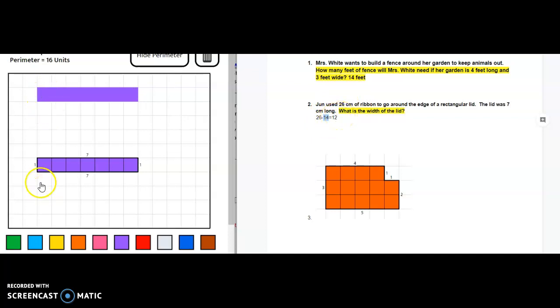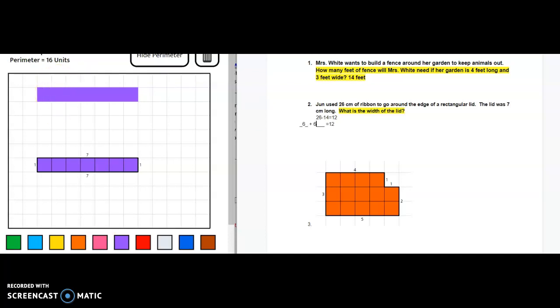So I cannot fit 12 on this side and leave nothing on this side, because a rectangle has to have 4 sides, okay? So I know that some number plus some other number equals 12, and they have to be the exact same 2 numbers. Well, 6 plus 6 actually equals 12.